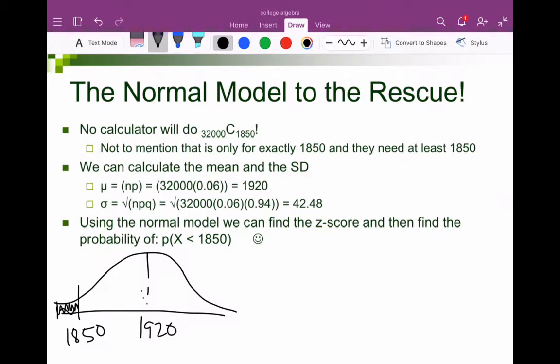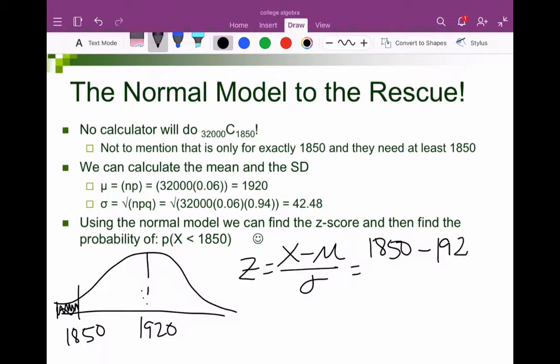Then I calculate my z-score using the formula x minus the mean over the standard deviation. So this is 1,850, my observed value, minus my mean of 1920, divided by the standard deviation of 42.48. This gives me a z-score of negative 1.648. Then we use our z-score to find the probability.